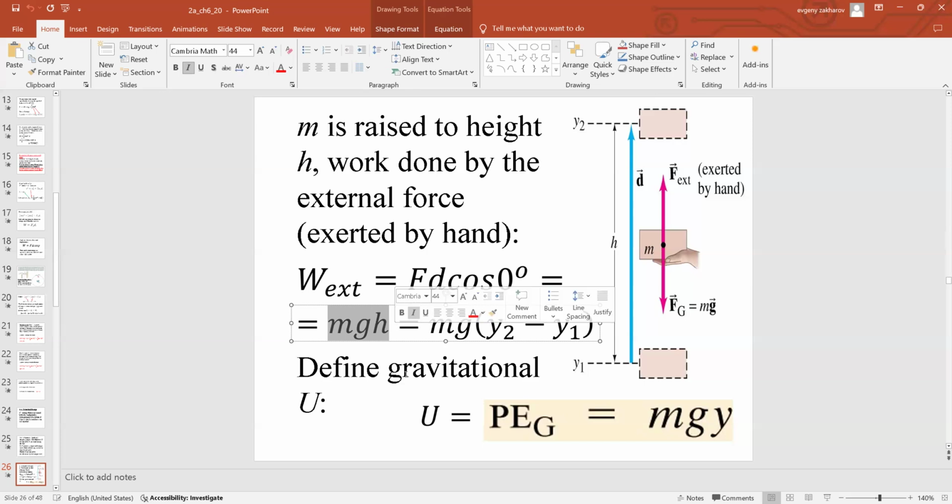And it's mgh for you to calculate that work done by hand onto the object. And because h is the difference between the two vertical positions, you can just simplify it to y, not y sub 2 minus y sub 1, but just y for a certain position with respect to a 0 level, which is usually the ground. Ground is the 0 level. Your y sub 2 will represent the y in this equation.